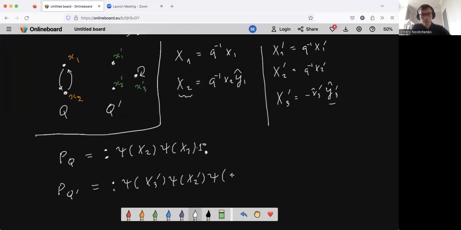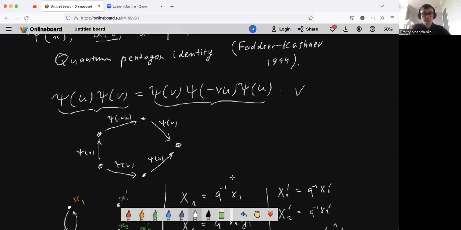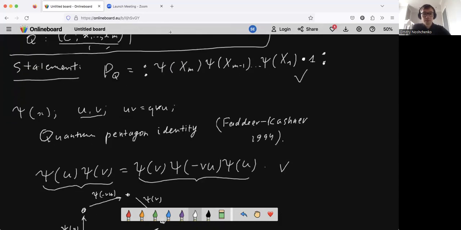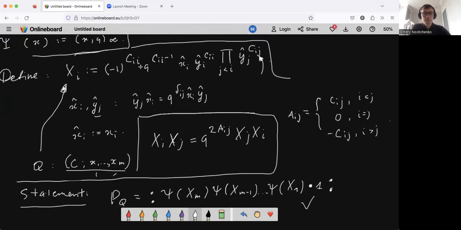It is very important here to keep the order of the operators. Once you fix the order of a quiver, you can construct this, but if you permute this here, of course, you don't get the same result. So it is important that this numbering follows the definition above, this definition here.